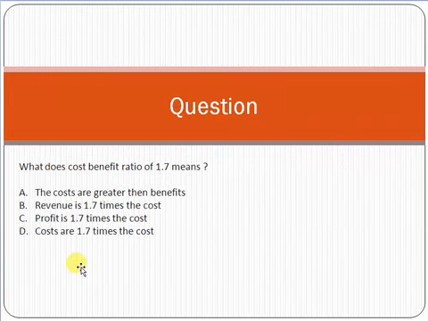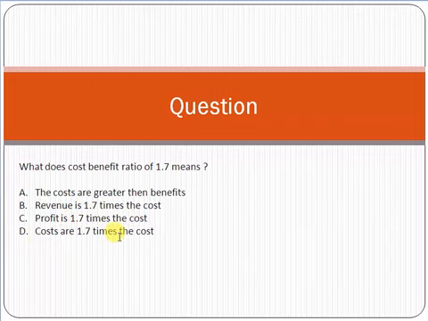Now let me ask you a very simple question. What does a cost benefit ratio of 1.7 mean? There are 4 options. A: the cost is greater than the benefits. B: revenue is 1.7 times the cost. C: profit is 1.7 times the cost.